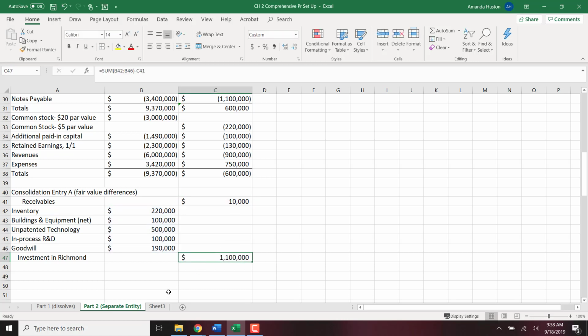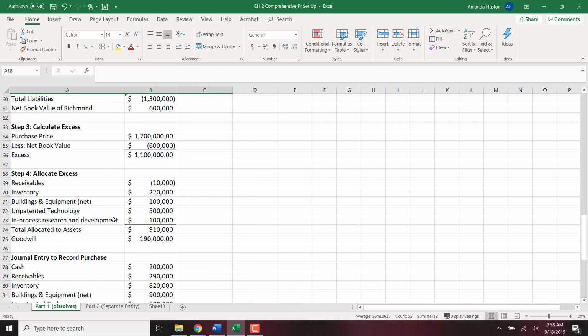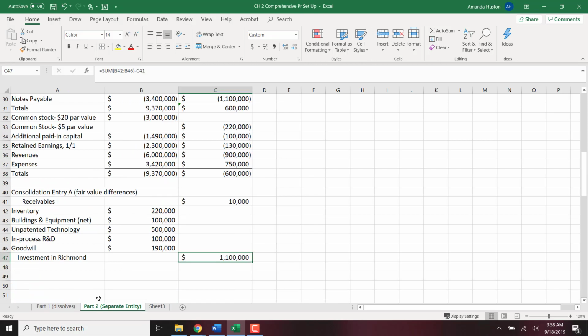If you look, this should tie to the book value, the excess number. This ties to the excess. So consolidation entry A would reduce the investment account by the excess if you do it correctly. So that's my check.